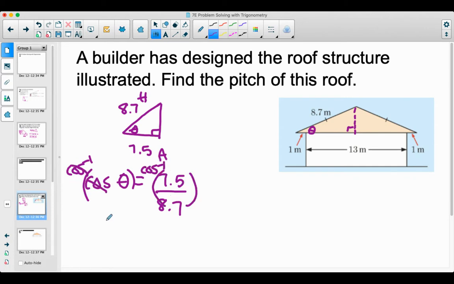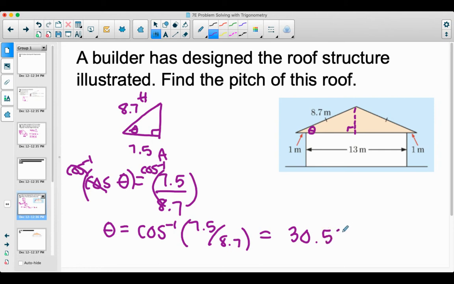So theta is equal to cosine to the negative 1 of 7.5 over 8.7. When we plug that in and go to 3 sig figs, that gives me 30.5 degrees. So the pitch of that roof is 30 and a half degrees.